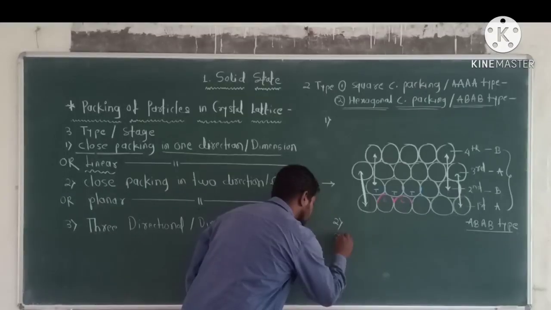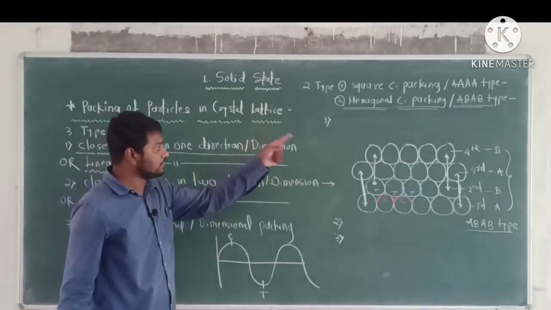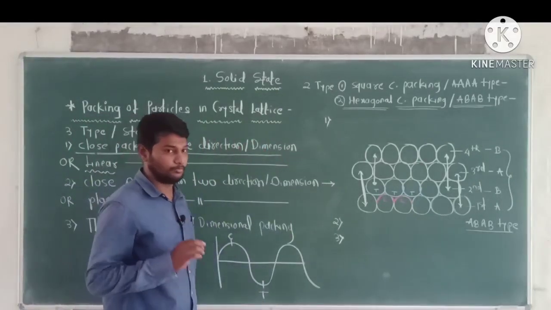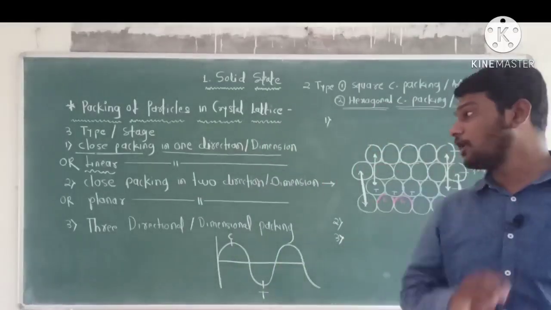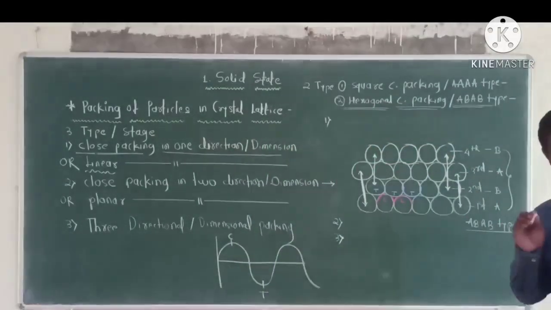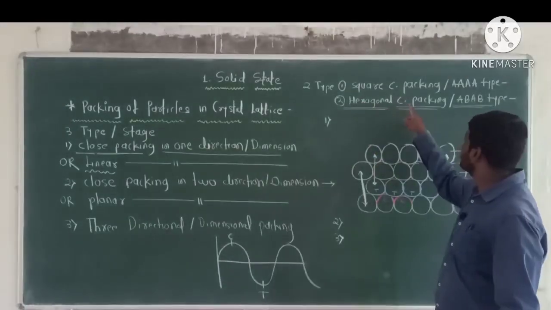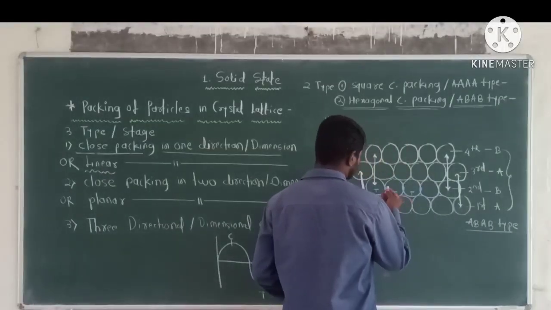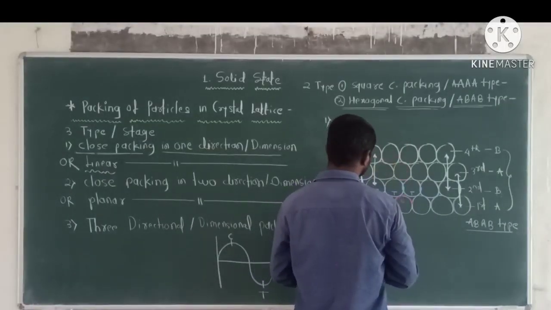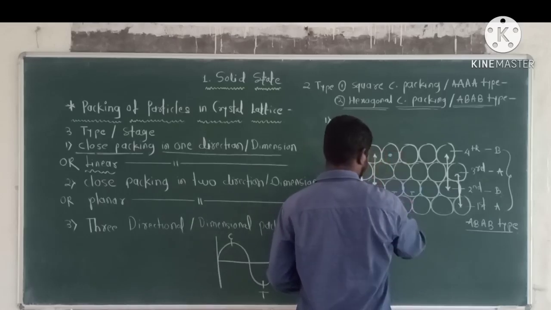Okay. Third point, in this packing the centers of 6 neighboring constituent particles are joined to form a hexagon. Therefore such a type of packing is called hexagonal close packing. Let's see, this is the constituent particle and this is the center of this constituent particle.